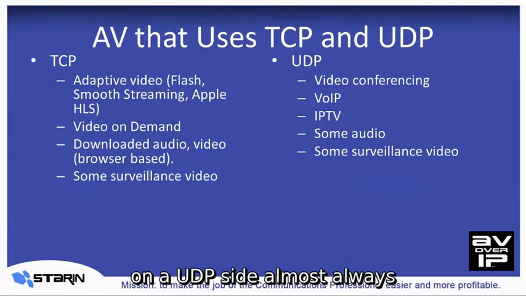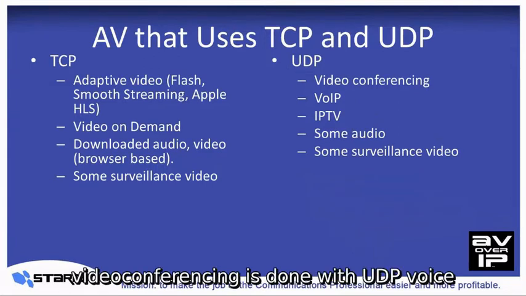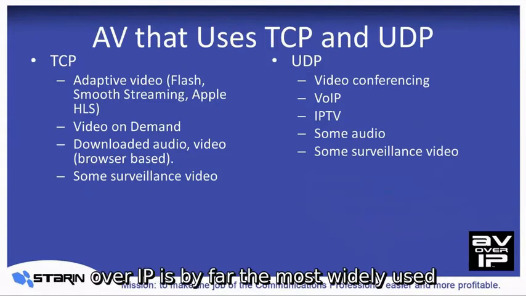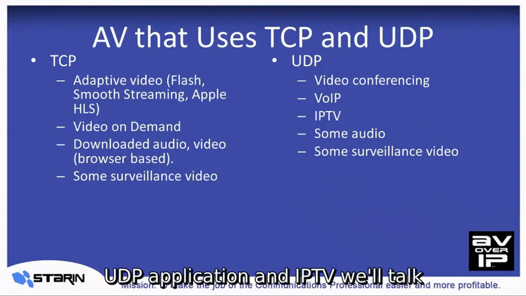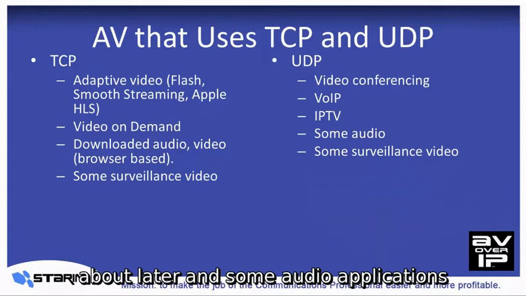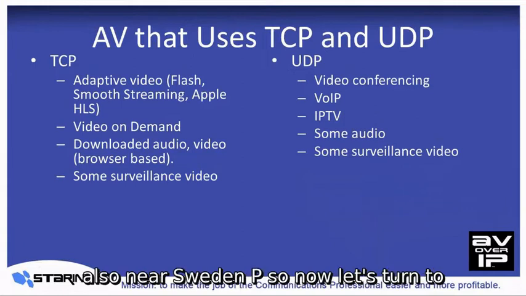On the UDP side, almost always video conferencing is done with UDP. Voice over IP is by far the most widely used UDP application. And IPTV, we'll talk about later, and some audio applications also use UDP.